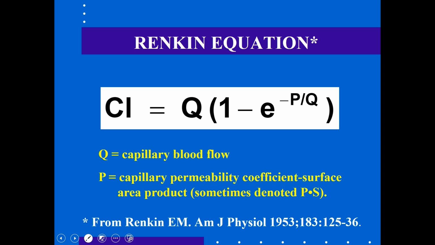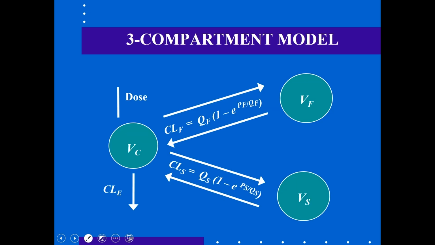It's a rather simple equation, and it can be adapted to study the intercompartmental clearance of inulin and urea. The challenge, as you can see, is we have experimentally one term, a clearance term, and we'd like to calculate 2 terms, a permeability coefficient, surface area product, and a flow term.